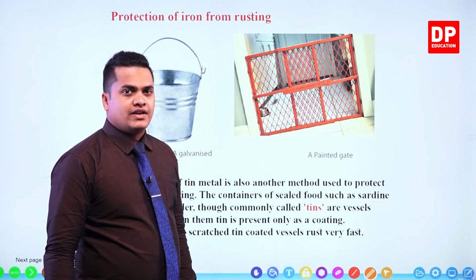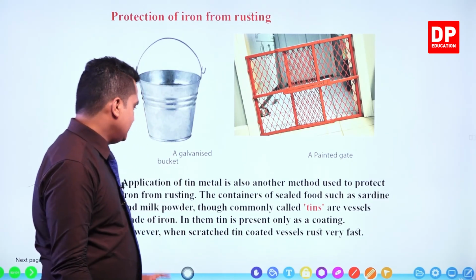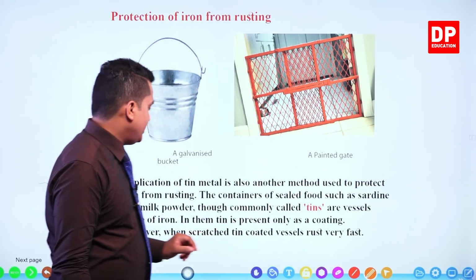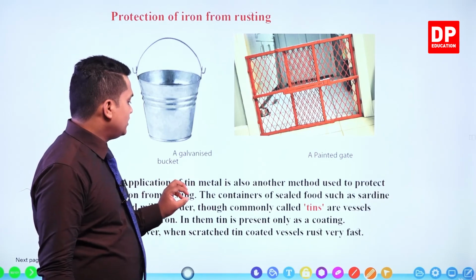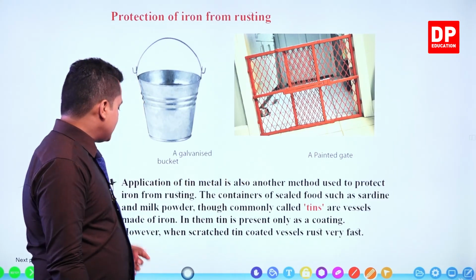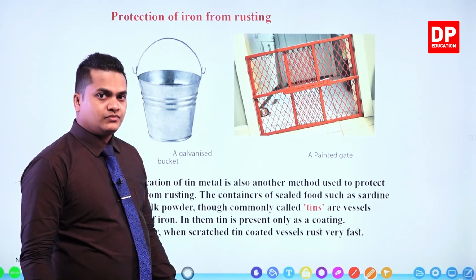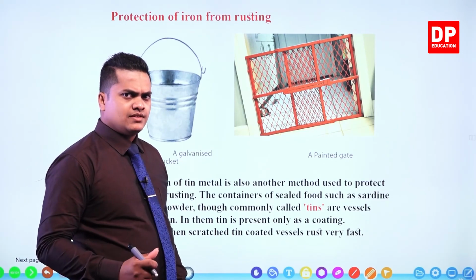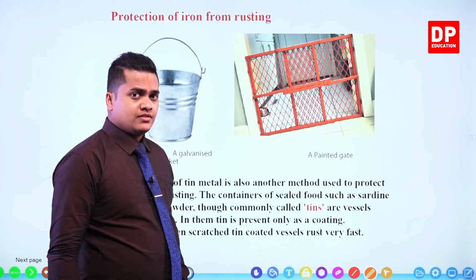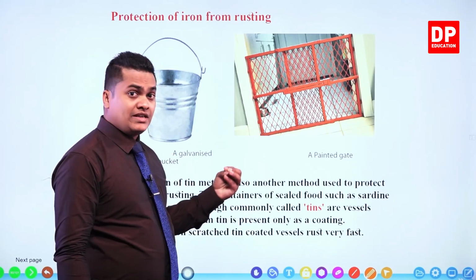And not like galvanizing. Here, the containers of sealed food such as sardines and milk powder, though commonly called tins, are vessels made of iron, right? Sardine tins, salmon tins, milk powder tins. Those things are actually not tins.